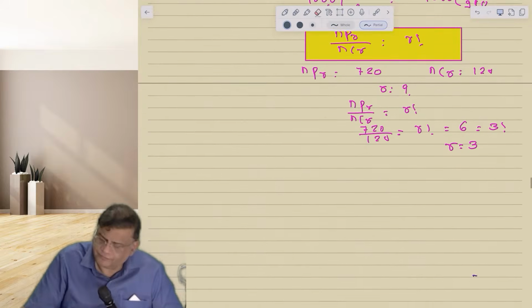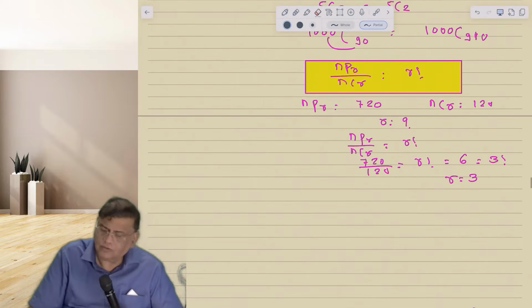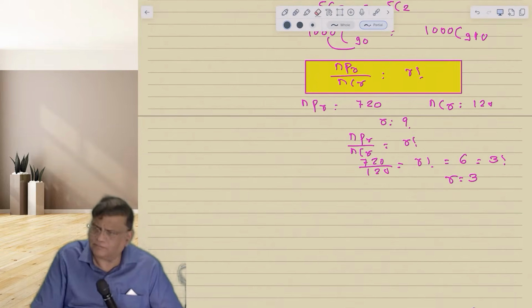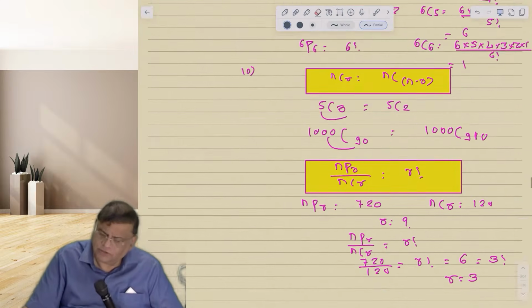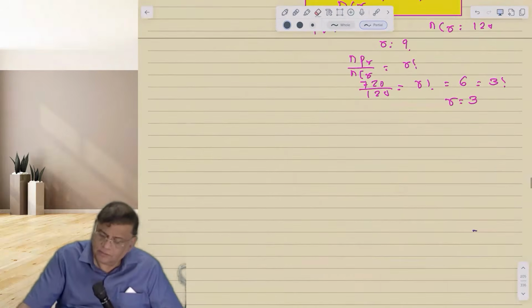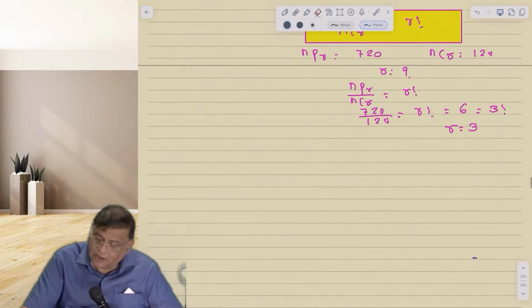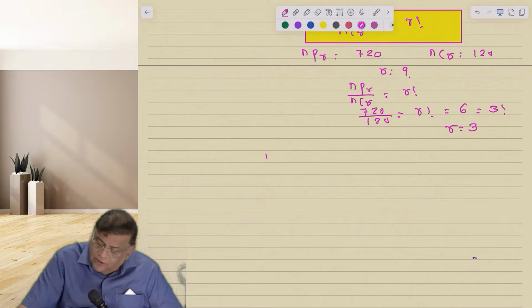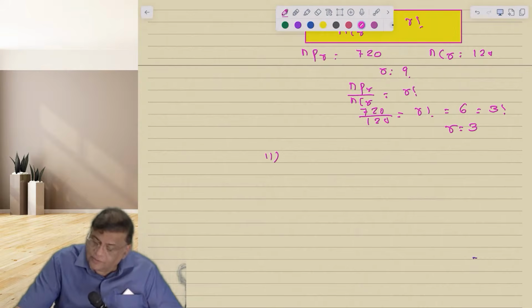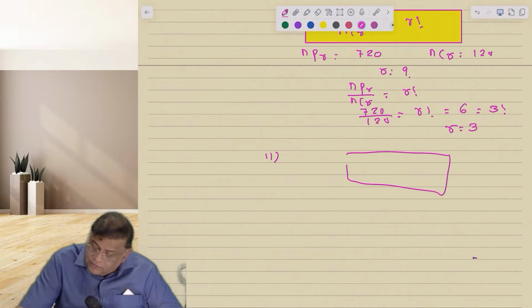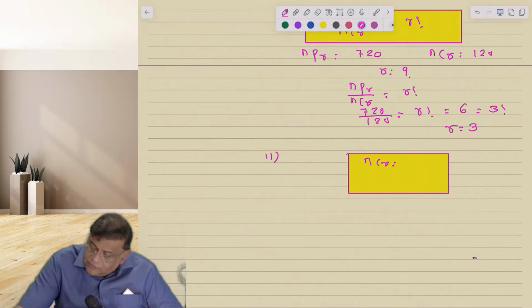All right. Fine. Now, stop talking. Imagine I consider a few results. The one result that we have already written is nCr is equal to nC(n minus r).